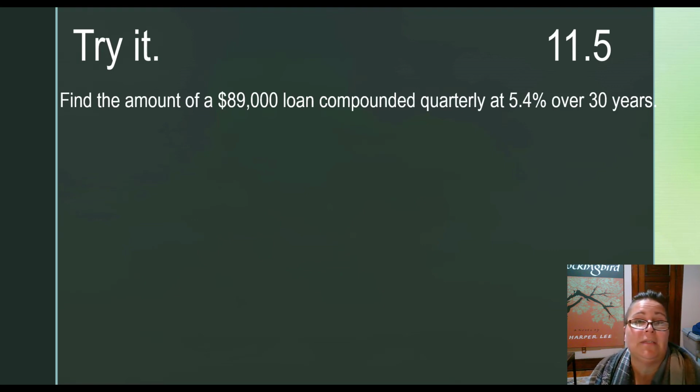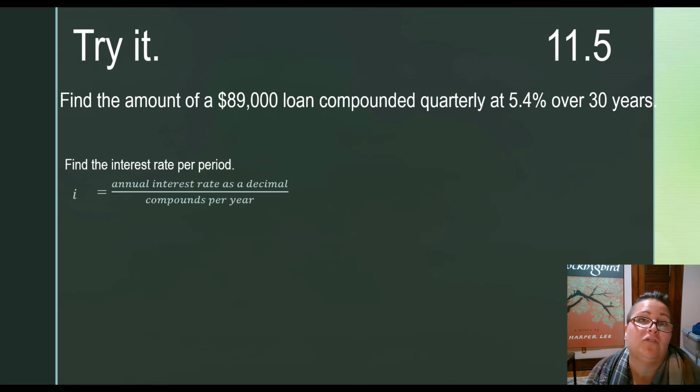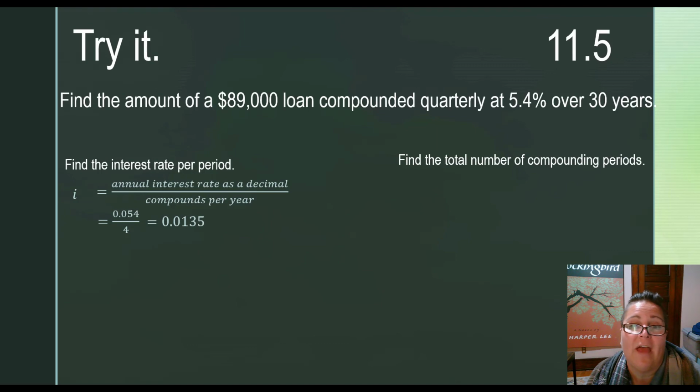So we're going to do the same steps. I still need to find the interest rate per period. And in order to do that, I'm going to find the annual interest rate as a decimal, and I'm going to divide that by the number of compounds in a year, or 0.054 divided by 4, which is 0.0135. I need to find the total number of compounds.